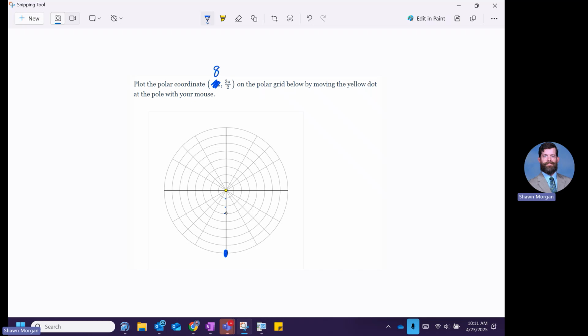Now, what if that were negative 8? Where would I be? I'd be up at the tippity top right there. So that would be negative 8, 3 pi over 2. This would be positive 8, 3 pi over 2. This would be positive 8 pi over 2. You get what I'm saying? There's infinitely many ways that we could describe each of these points.